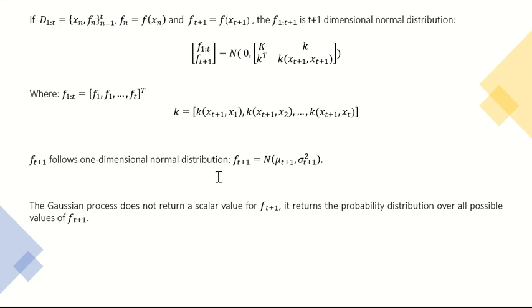As we see here, we do not have a scalar value for f, but instead a probability distribution over all admissible values of f which fit our data. So if our dataset is large enough, we can obtain an approximation of our function.